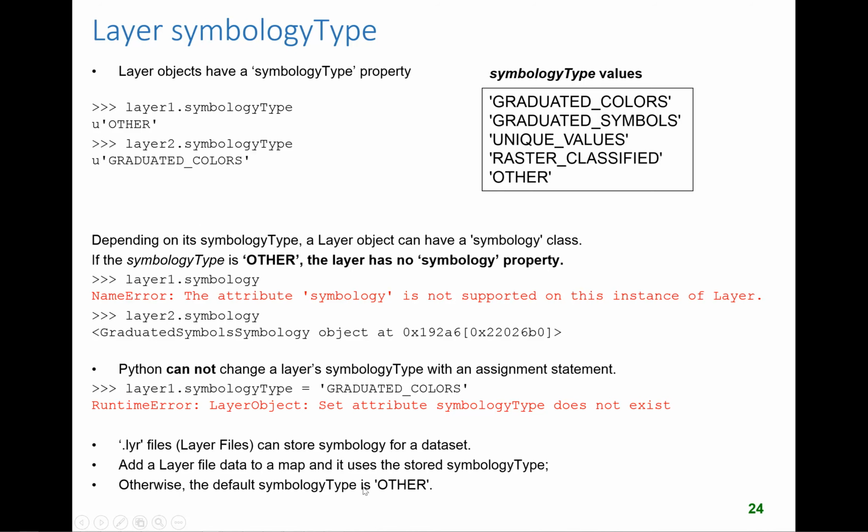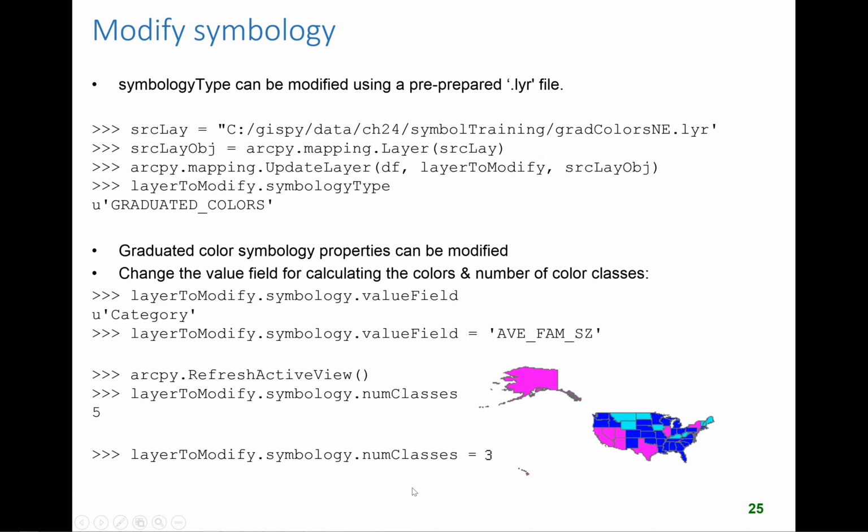Otherwise, the default symbology type is other for any data that is added to the map that is not an LYR file. So to change the symbology type of a layer in your map, which you may want to do because you may be generating layers and adding them to the map, you can use the update layer method.